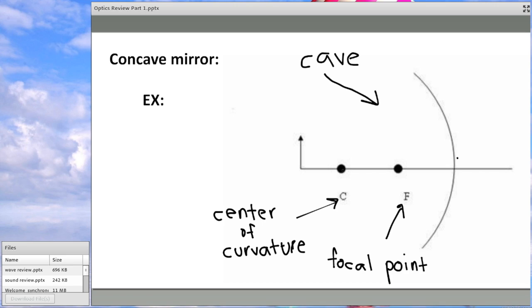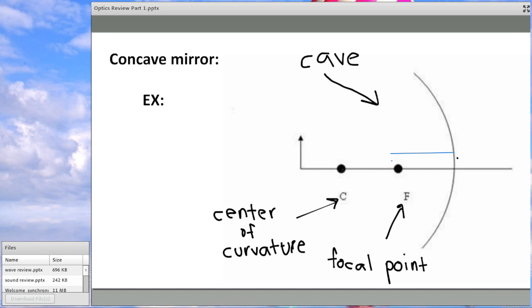Now, let me see. I'm gonna do some color. This distance here from your focal point to the center of your mirror, which really it should be down here. I can't get it to work there, but anyway, that distance is called your focal length.